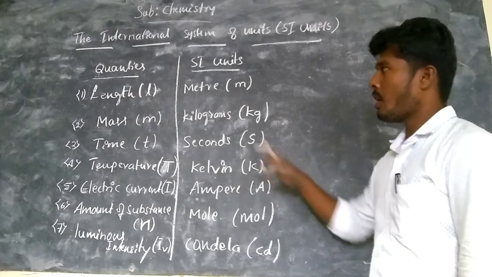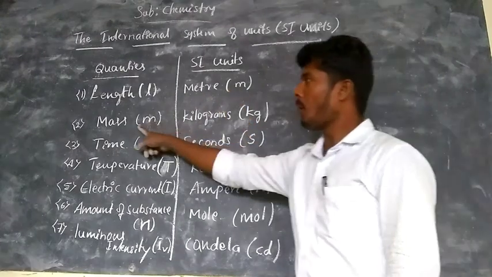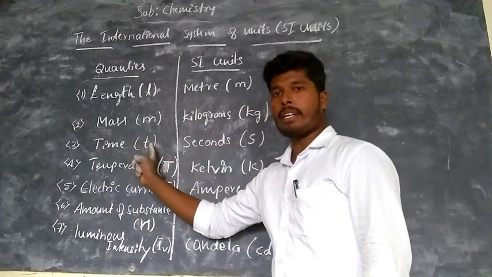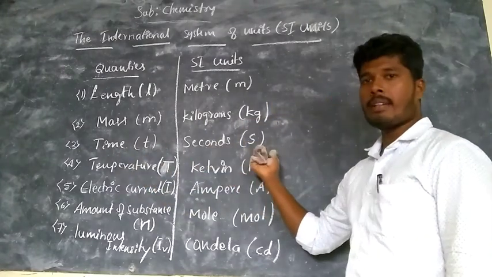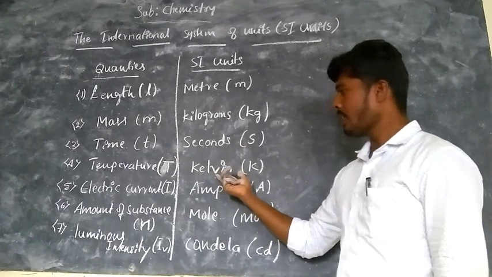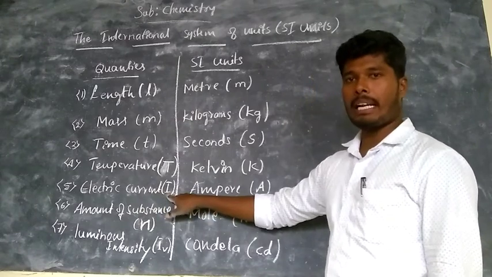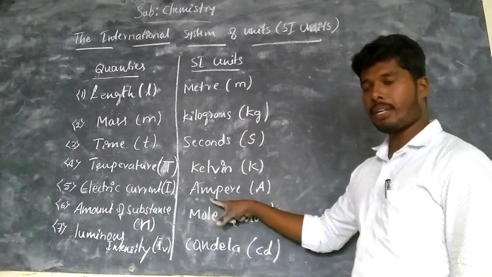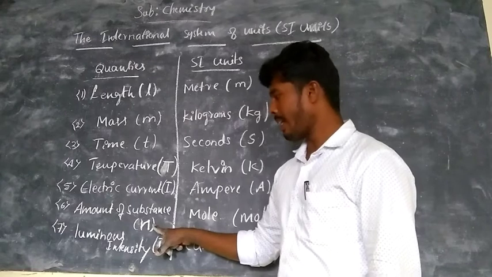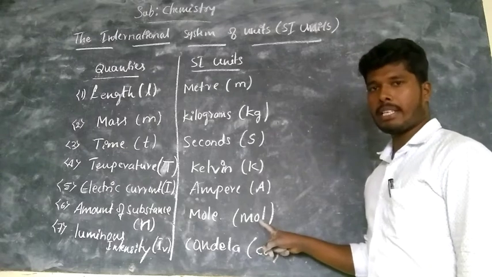Length is indicated by symbol L and measured in meter, small m. Mass is indicated by small m and the unit is kilogram, kg. Time is indicated by symbol t, measured in seconds, s. Temperature is indicated by capital T and measured in Kelvin, K. Electric current is indicated by the symbol I, and ampere is the SI unit, capital A. Amount of substance is indicated by small n and measured in mole, mol.